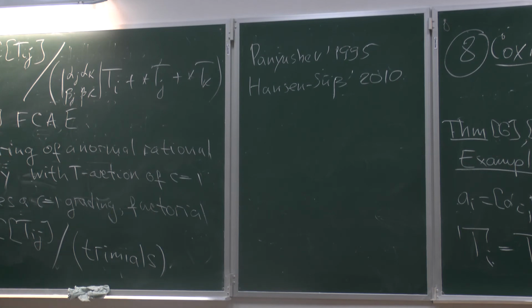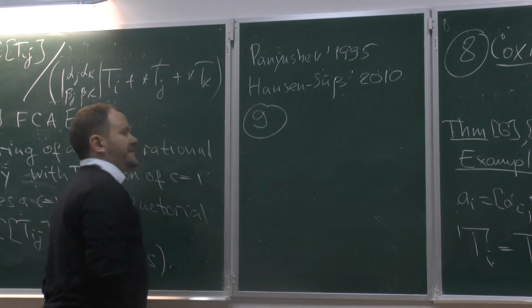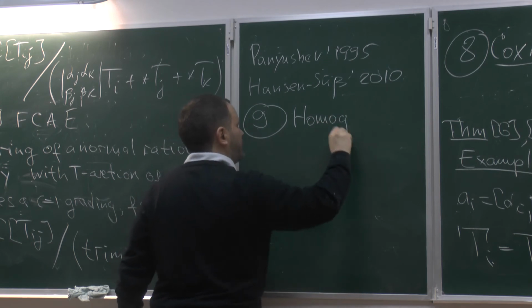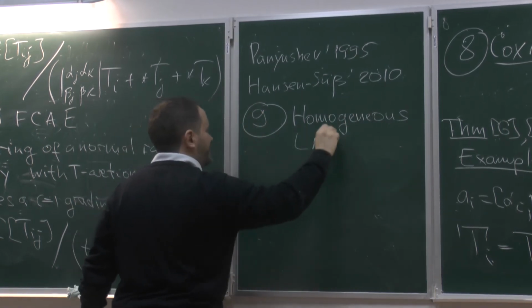Okay, and the very last part, number 9. This is about homogeneous LNDs, homogeneous locally nilpotent derivations.